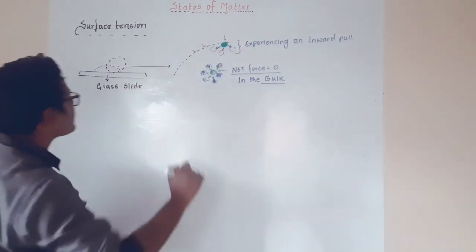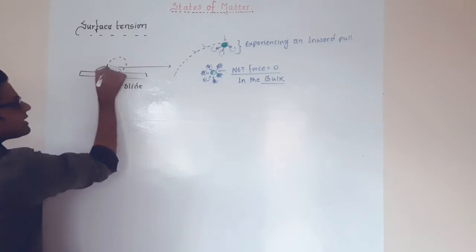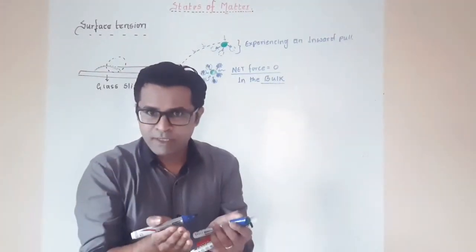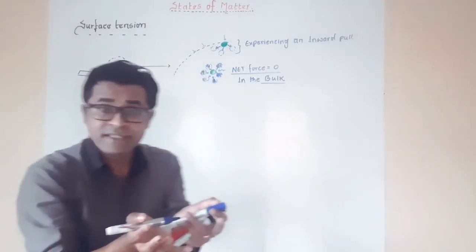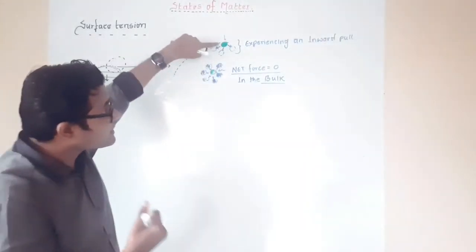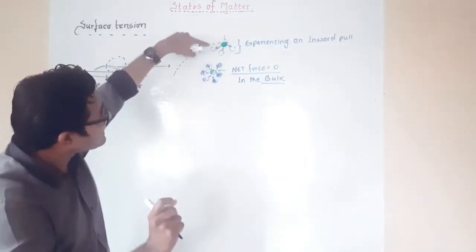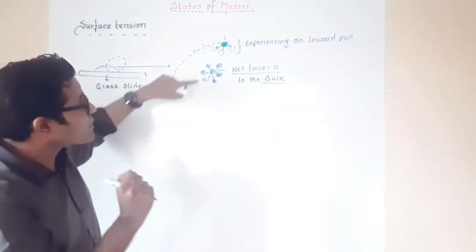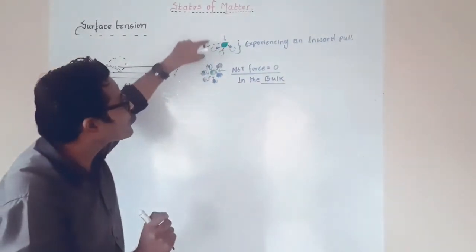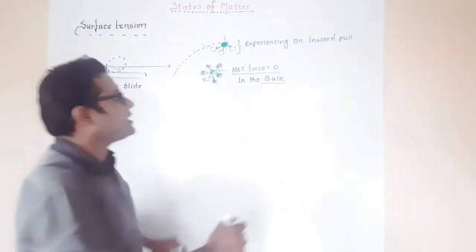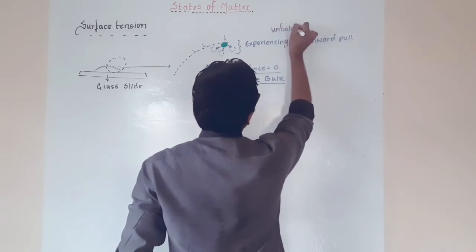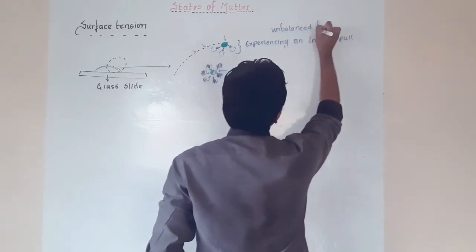As a result, any liquid that you drop is going to have a spherical surface. That spherical nature is because of the inward pull experienced by the molecules at the surface, because of the unbalanced forces created at the surface. So all these at the surface are unbalanced forces.